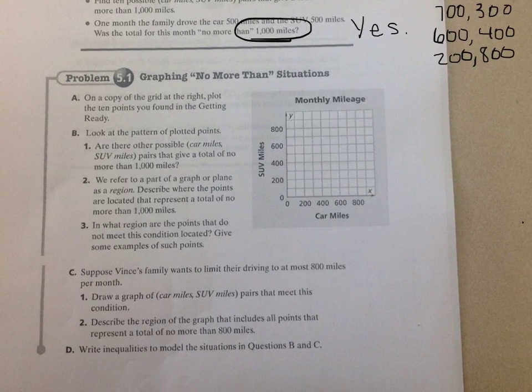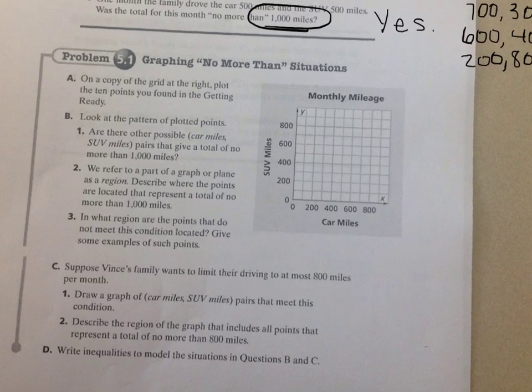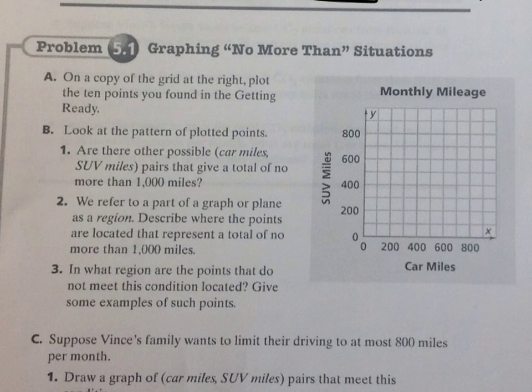Let's look at the pattern of the plotted points. Well, first we need to plot the 10 points we found in the getting ready. Let's look at these and see. They could drive the car for 0 miles and the SUV for 1,000.